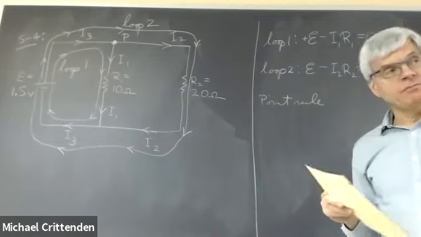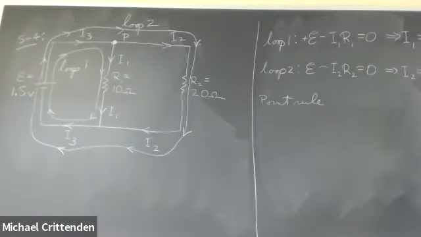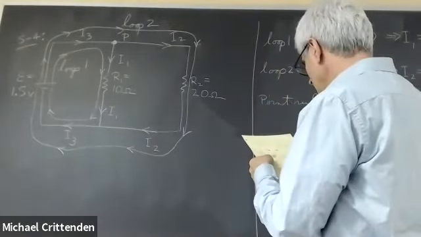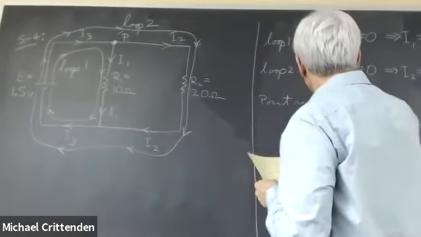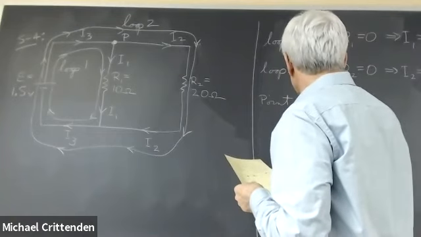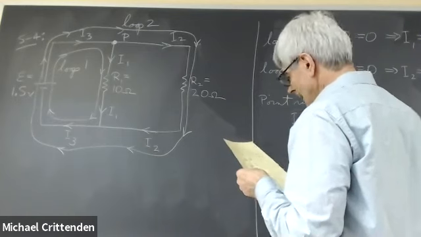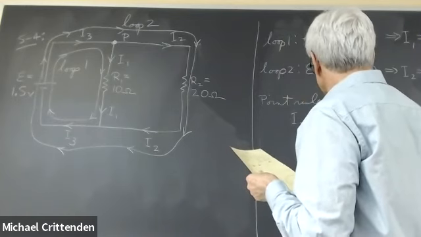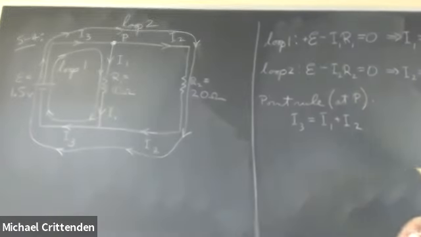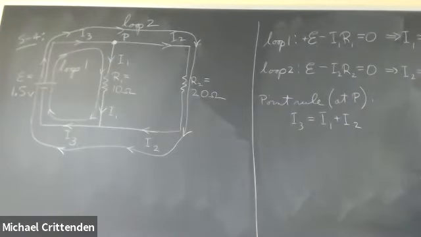The point rule is about current. Total current flowing toward that point equals total current flowing away from that point. What flows toward it is I3.